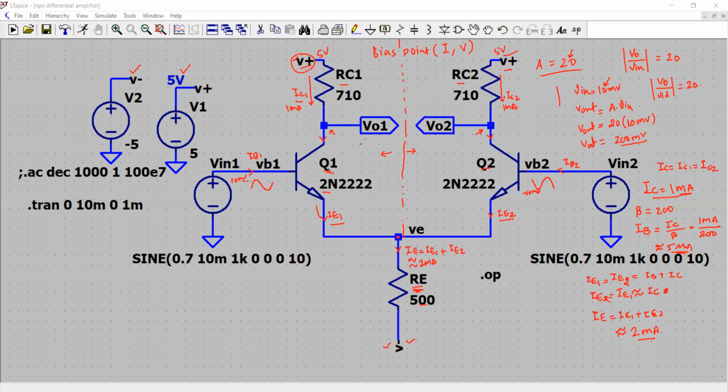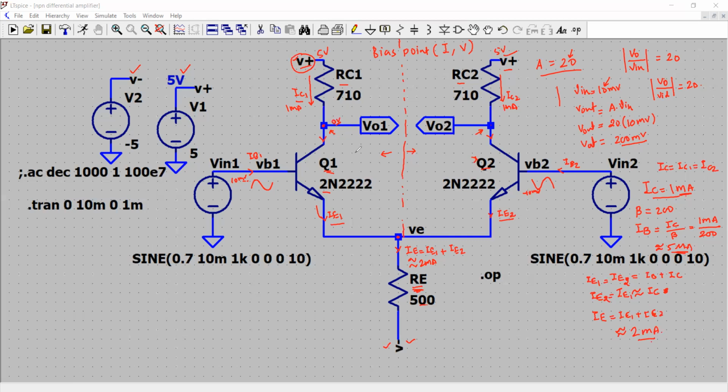Okay, so let's focus on the left side. That is, we are doing the analysis for Q1, which is applicable to Q2. So here the voltage at VO1, which is at the collector pin of the transistor, I want the DC bias level to be about 0 volt approximately.